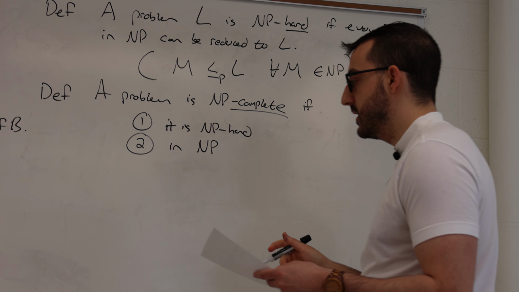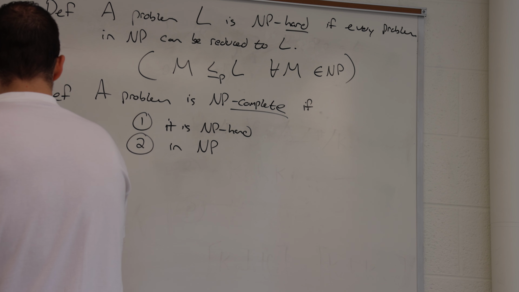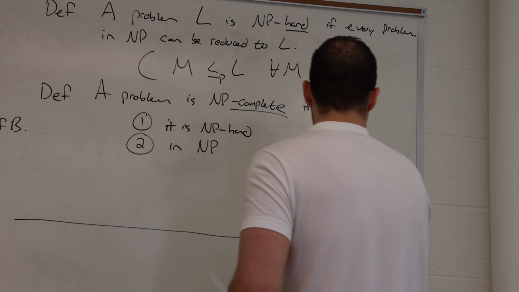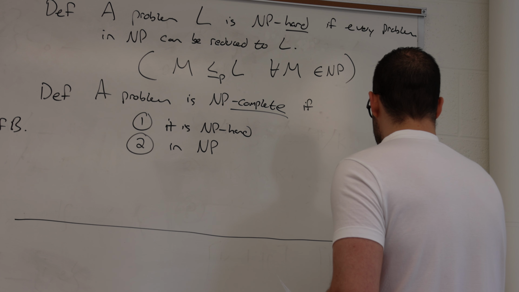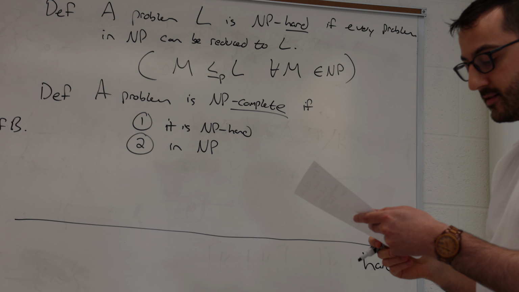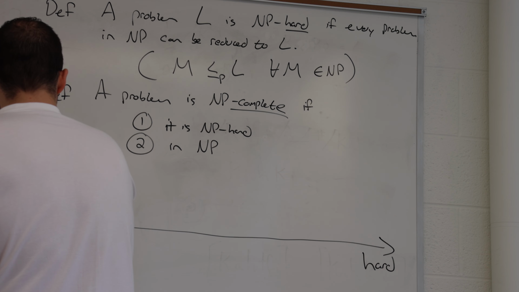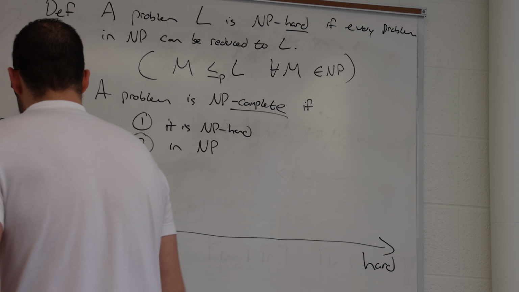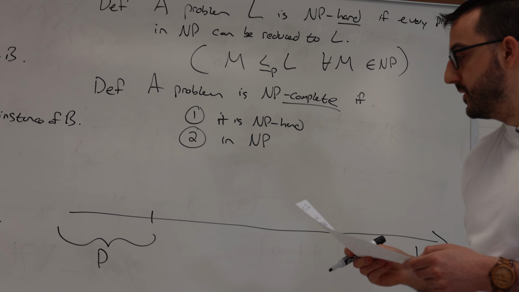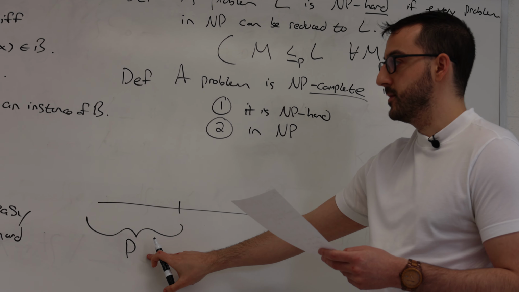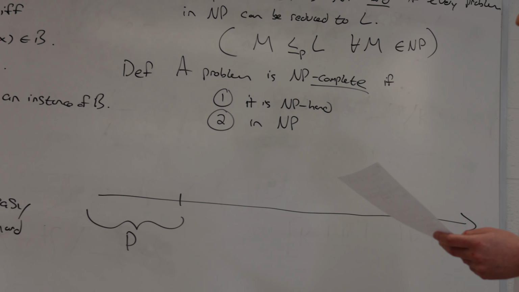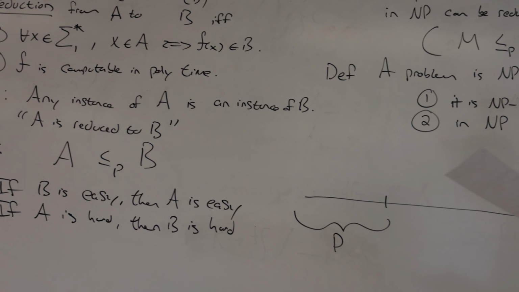So let's see a diagram to help us understand what's going on here. Let's have the hardness of a problem being along this axis. And we're going to have first the class P. So every problem that can be solved in polynomial time. We know that P is a subset of NP.